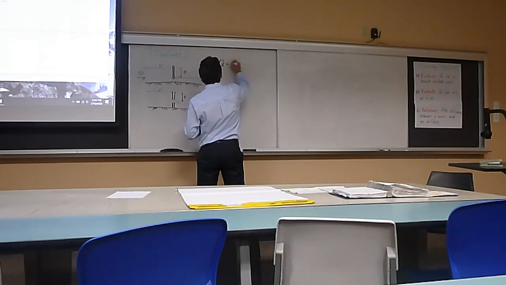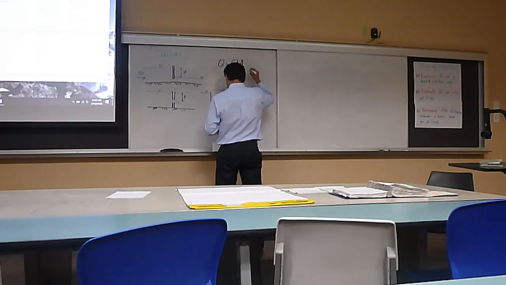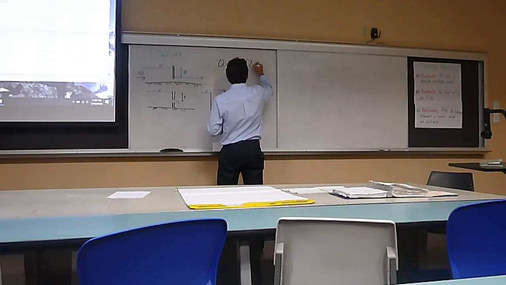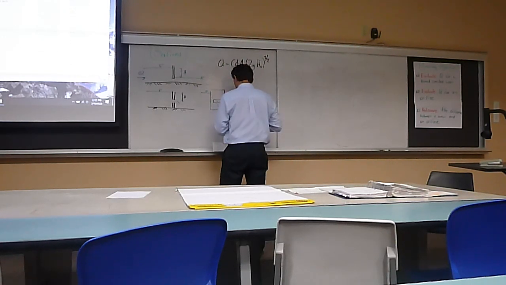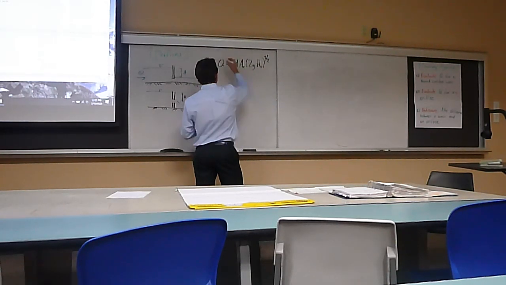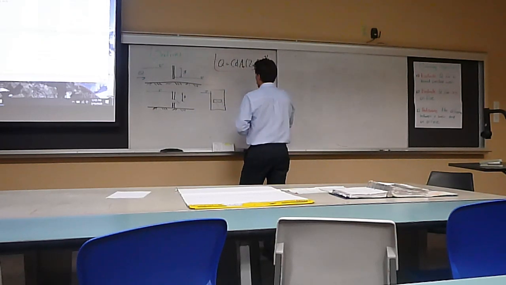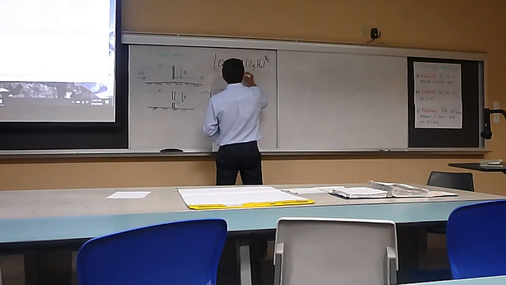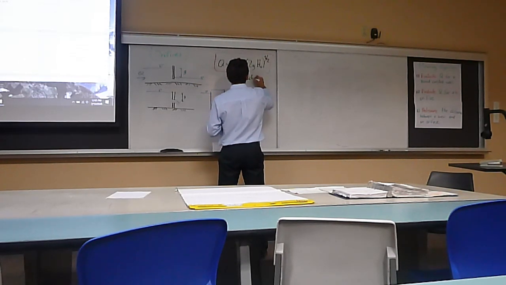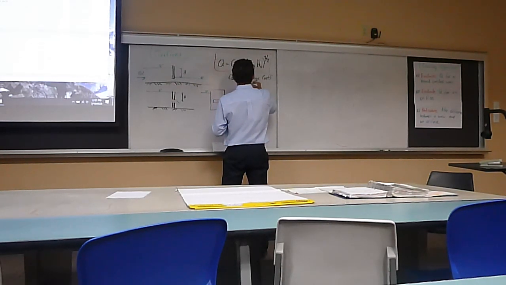So the equation for an orifice goes as follows. Q is equal to C_D A_O, where A_O is the area of the orifice, times the square root of 2g H_O, the head over the center of the orifice, raised to the 1/2. It's a very straightforward equation. Your discharge coefficient C_D depends on the edges.